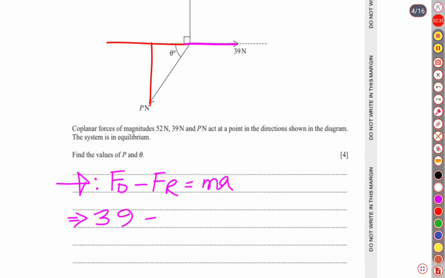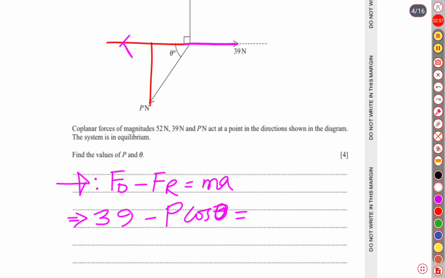Resistance is the negative force which is in this direction. So if we resolve this force horizontally, it is going to be P cos theta. P cos theta is equal to mass into acceleration.